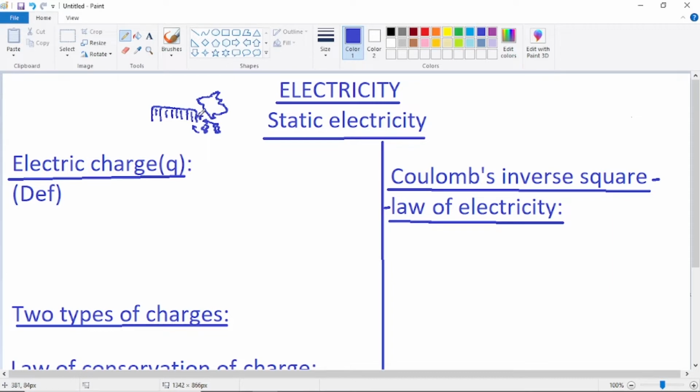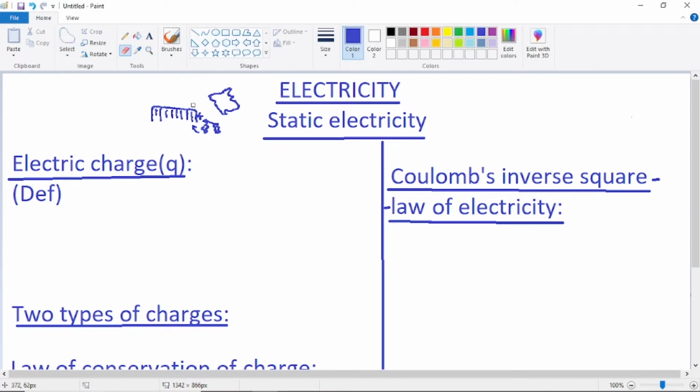I'll just change the diagram a little. Just observe here, I did not change much.